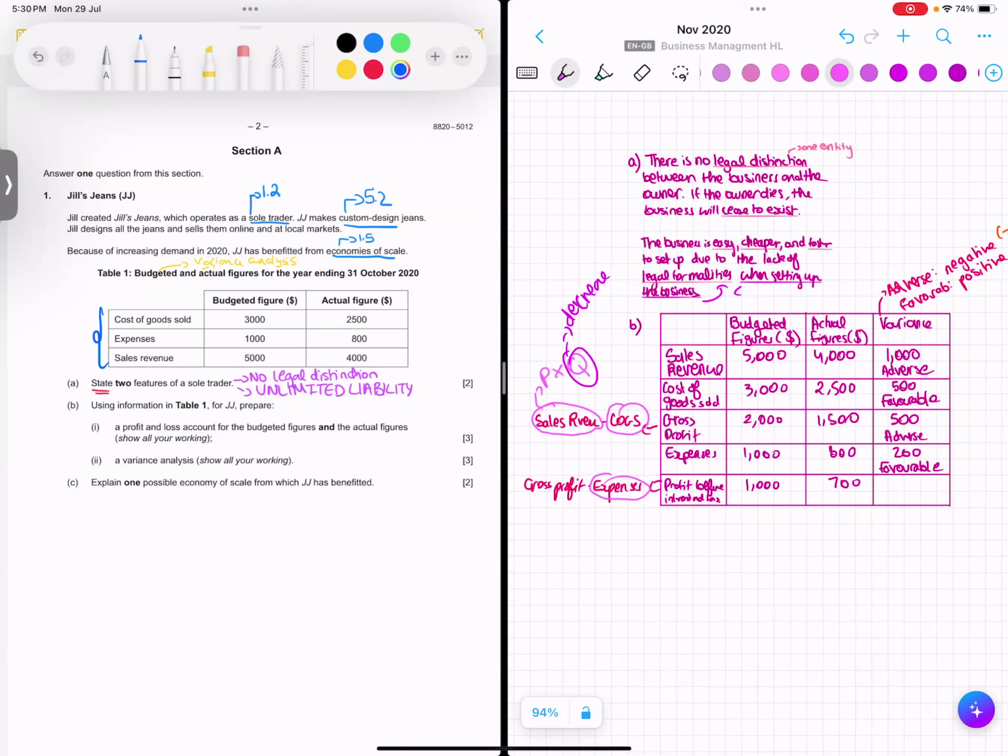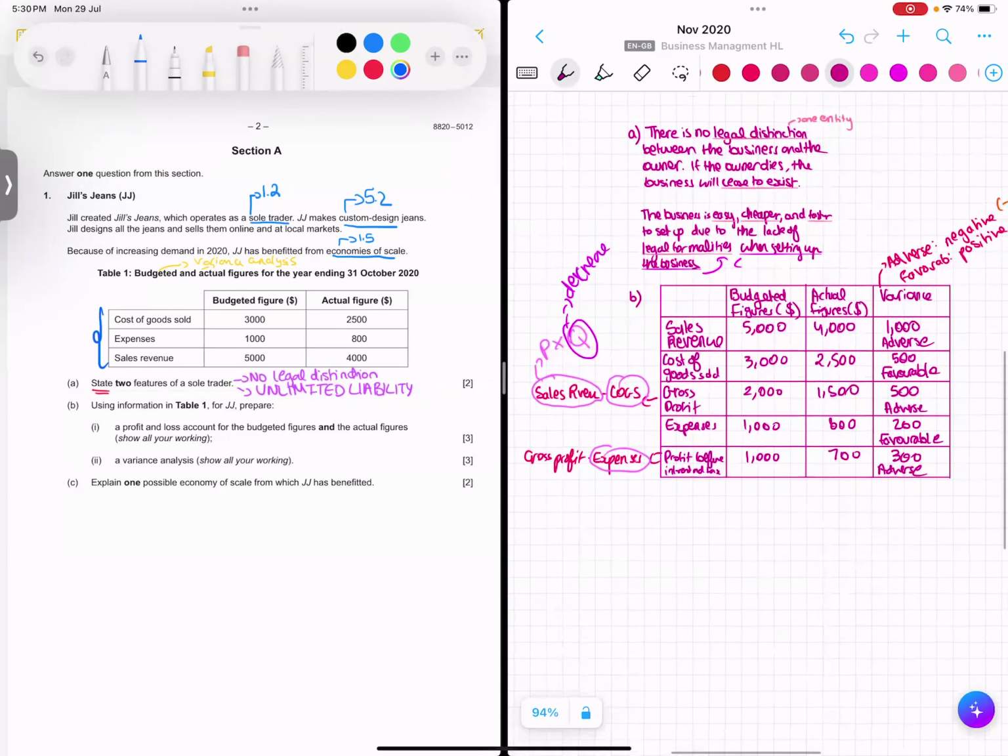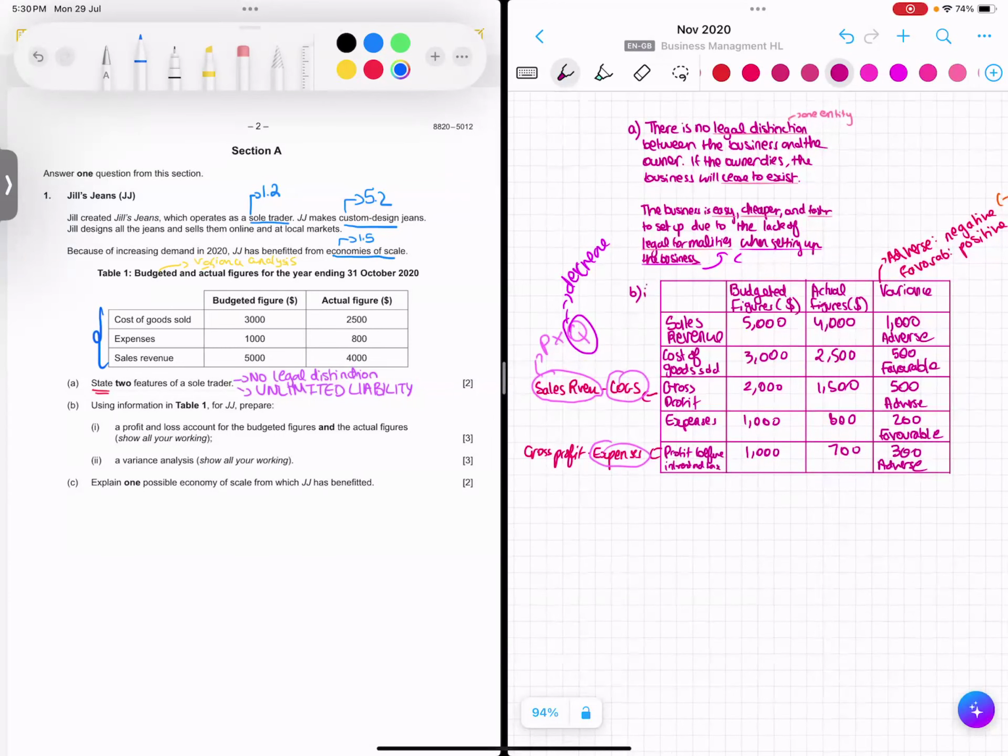Not technically, this is more for cost of goods sold, but basically something good for the business, right? So now let's go for profit before interest and tax. The difference is 300. This is adverse because JJ made less profit than it expected to make.